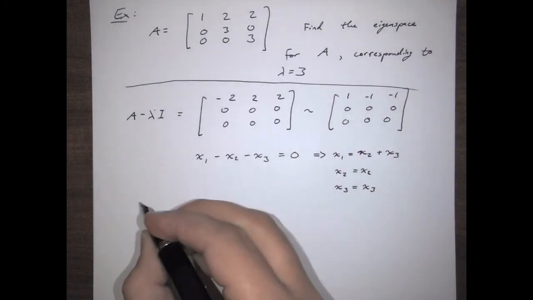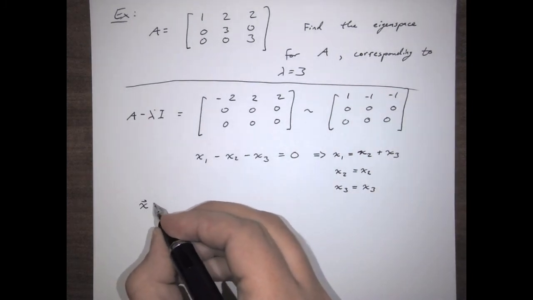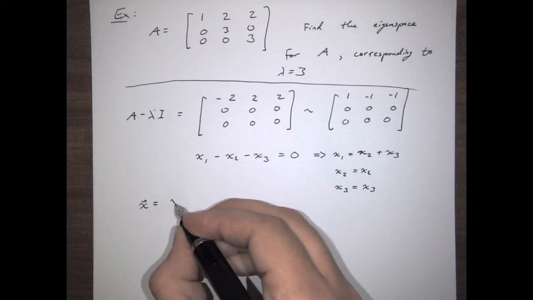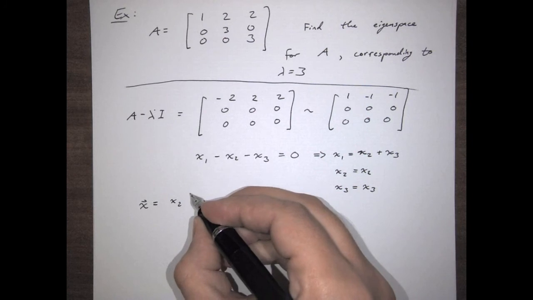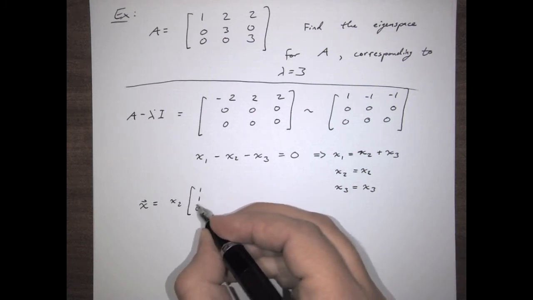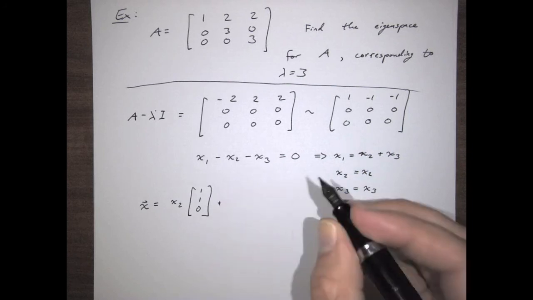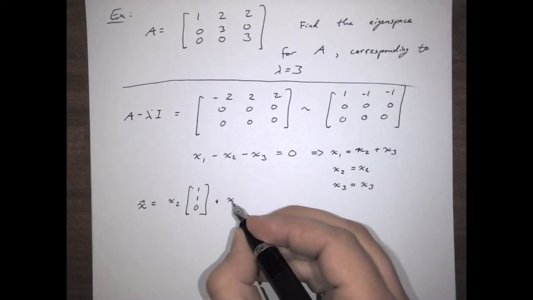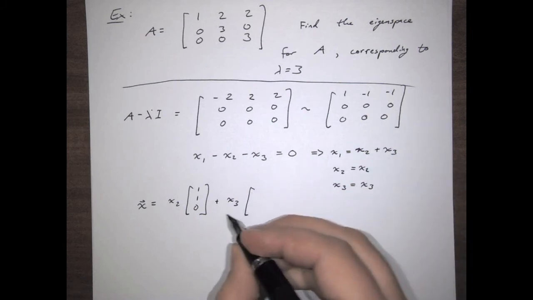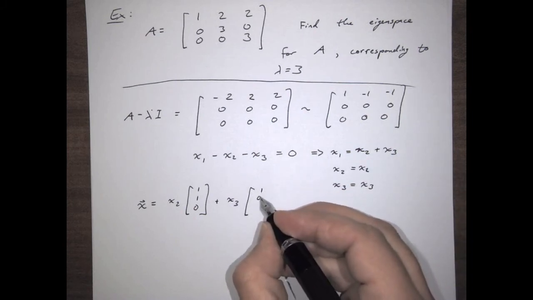And then what this means is that any x that is going to be a member of this null space is going to be of the form x2 times 1, 1, 0 plus x3 times 1, 0, 1.